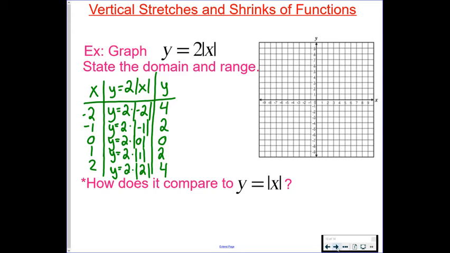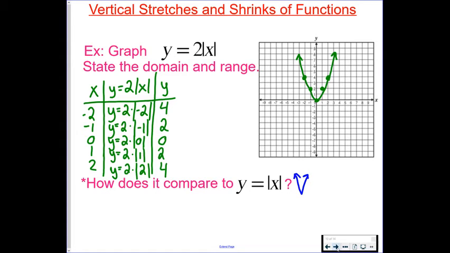Let's go graph it. -2, 4, -1, 2, 0, 0, 1, 2, and 2, 4. Connect our dots together. Okay, so there's our new function, y equals 2 times the absolute value of x. How does this graph compare, though, to the parent function, y equals the absolute value of x? Okay, well, it's a V shape as well.